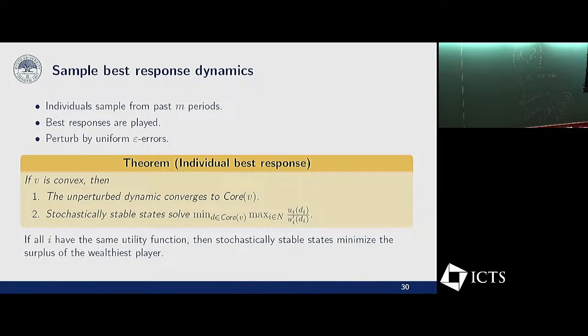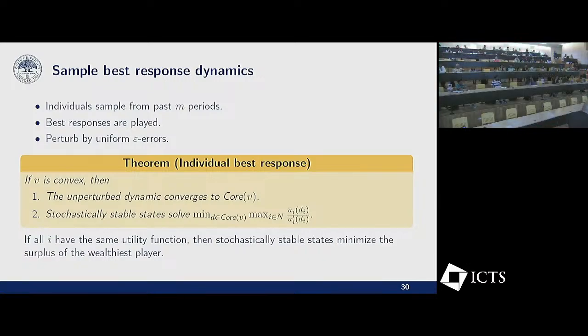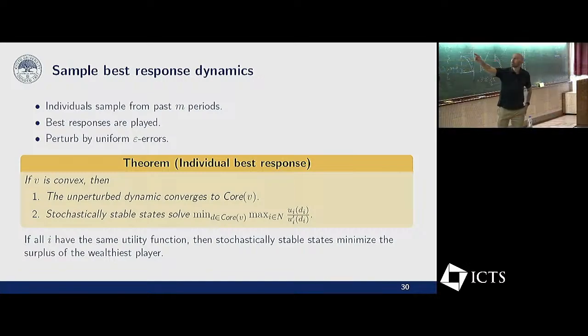And then I best respond to the expectations that I form from sampling what people have done in the past, with some independence assumptions that we won't go into. And then I perturb my behavior in a uniform way. And then we get selection of a stable outcome. Well, we get selection of something in the core.